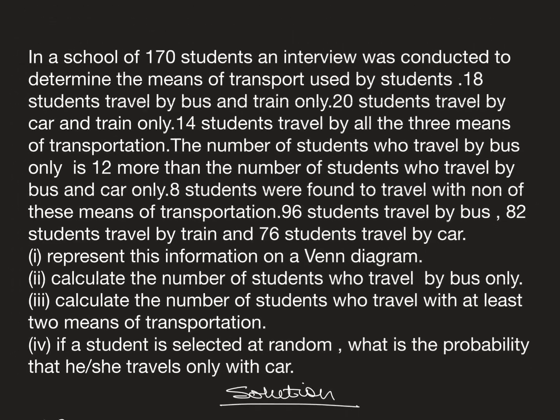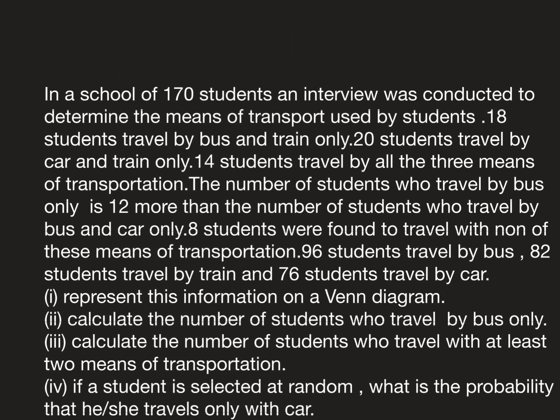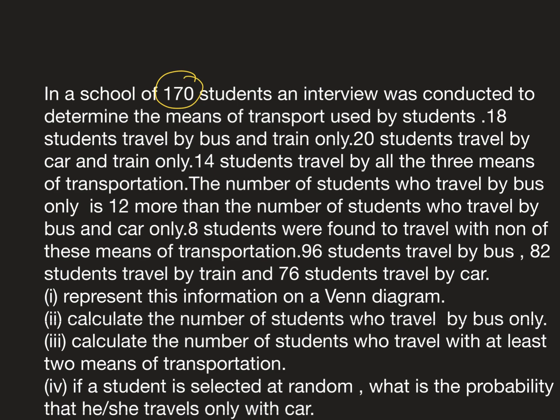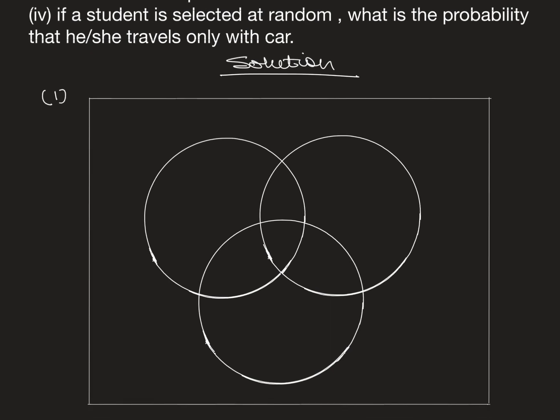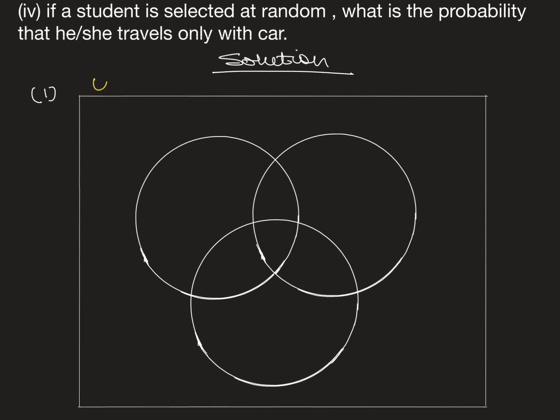The first thing in the question, it says, in a school of 170 students. Which means that is the total number of students in the school. So that will represent the universal set. U is 170 students.